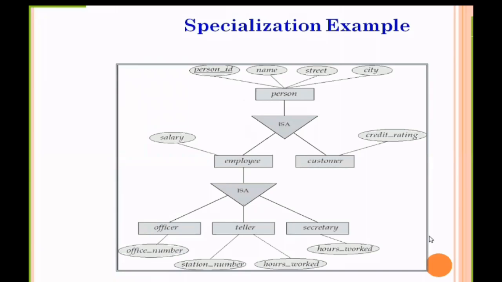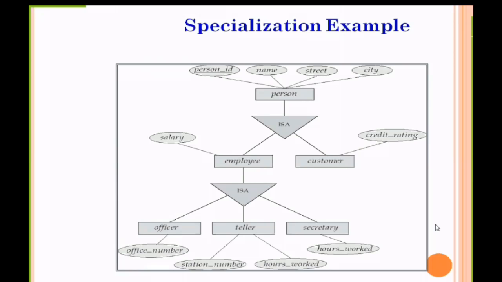As we come down from the employee class, these three classes, officer, teller and secretary, are inheriting the properties of the employee class. Like the employee class is inheriting the properties of the person class, in a similar way officer, teller and secretary are inheriting the properties of the employee class.